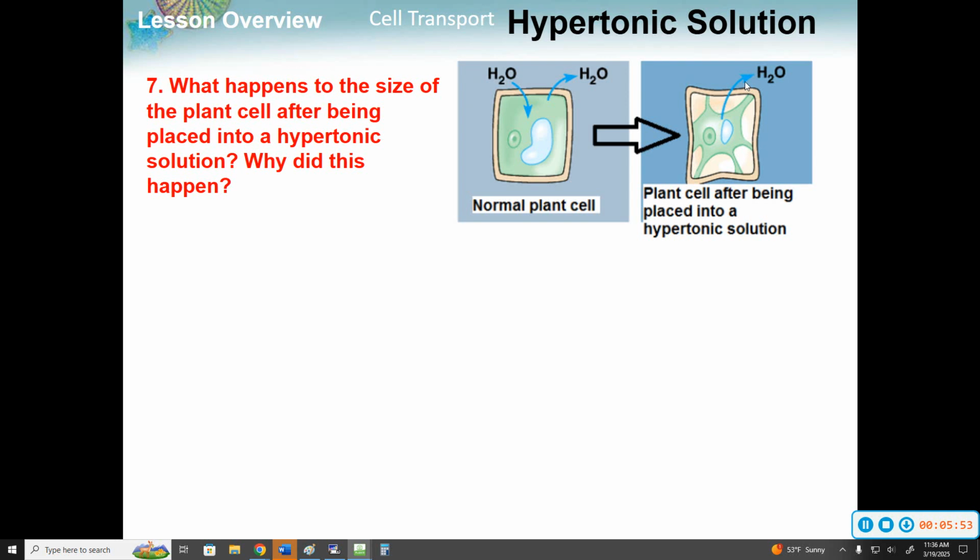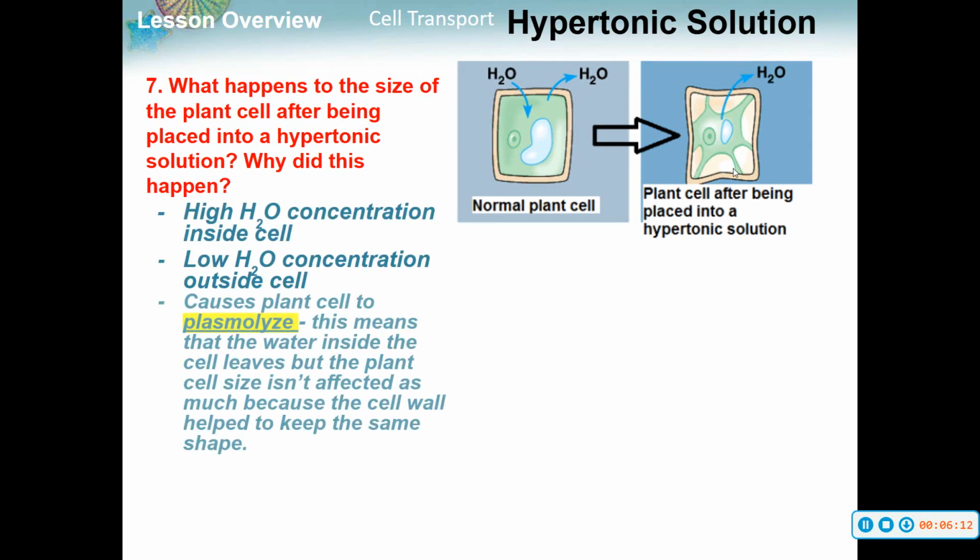The other thing is, too, the vacuole, it got smaller because there's some water there, and then the water is leaving out. So all that cytoplasm is kind of like separating from the cell membrane and the cell wall because that water is leaving. Okay, when that happens, we call it plasmolysis; the cell has plasmolyzed.